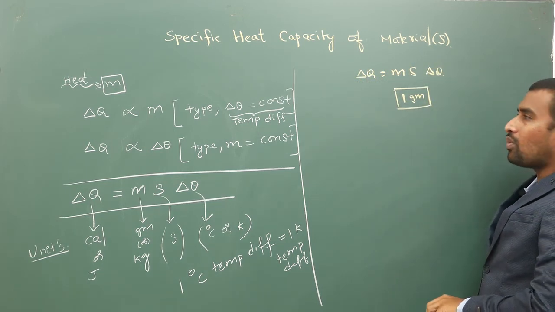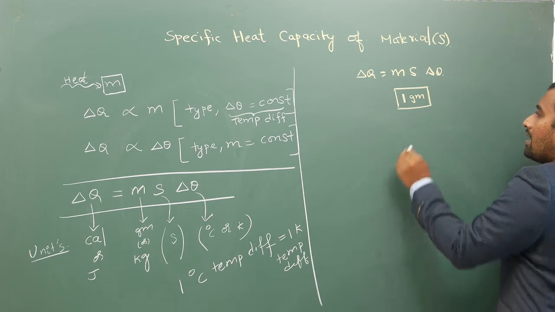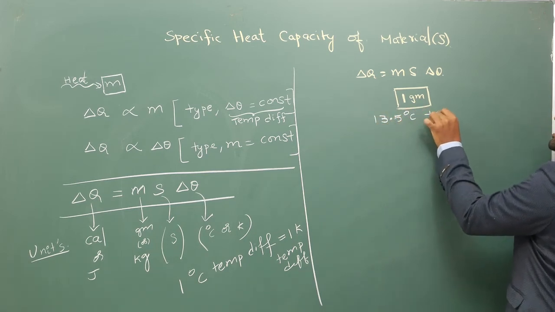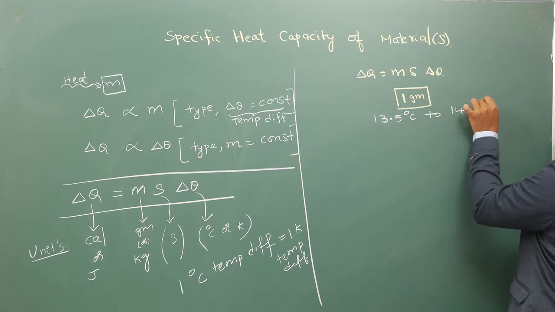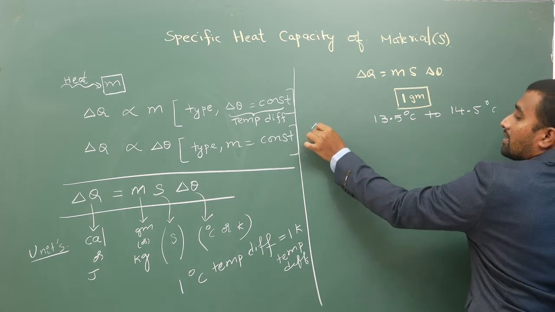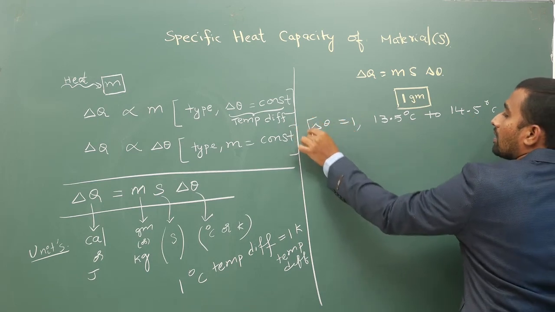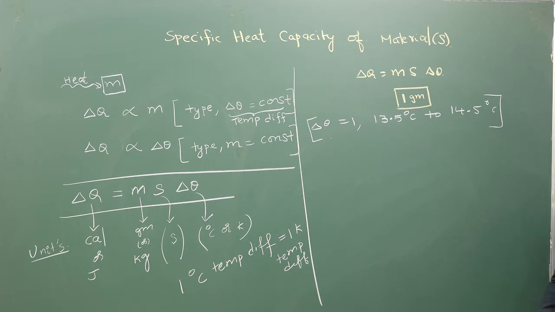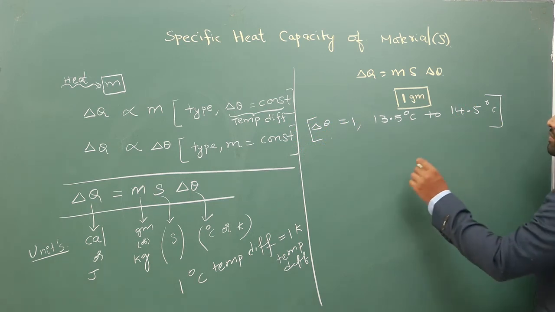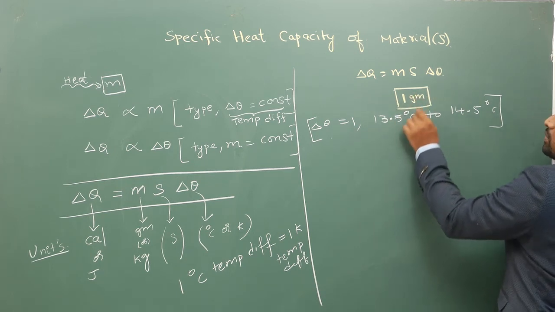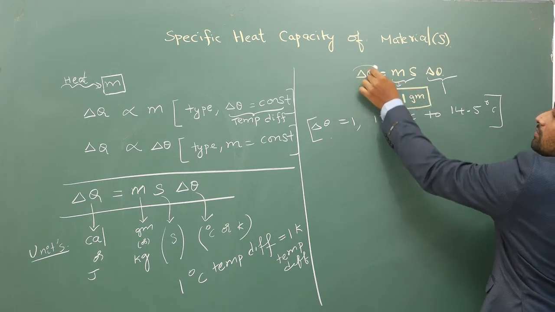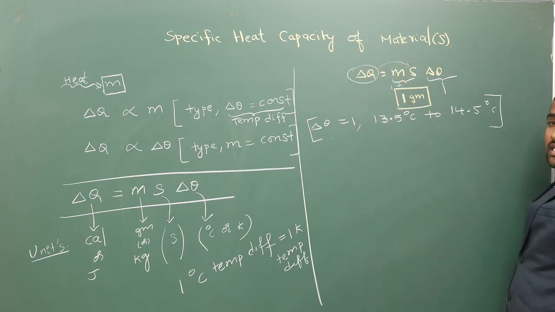If you take 1 gram of substance and change the temperature from 13.5 degrees centigrade to 14.5 degrees centigrade, your delta theta is equal to 1. So if mass is 1 gram and delta theta is 1, delta Q is mathematically equal to S.